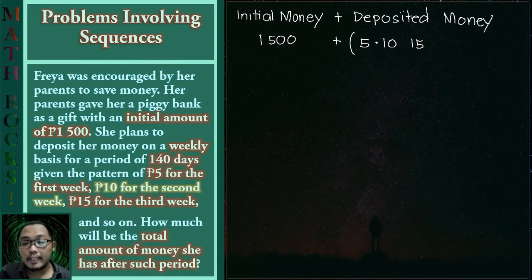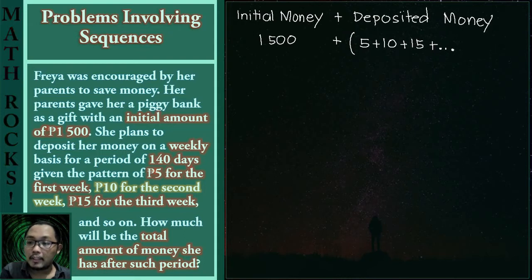Obviously, in order for us to come up with the total amount of the deposited money on the weekly basis, we must add all those values as well. And since we do not know exactly yet what will be the last week for which she has to deposit a certain amount of money, let us try to look at this information.